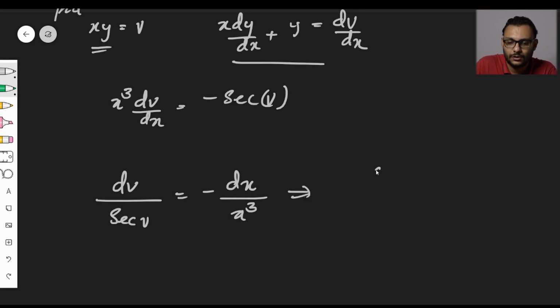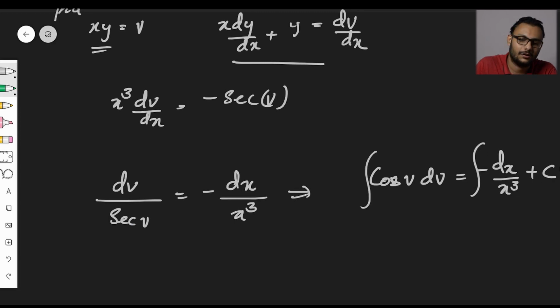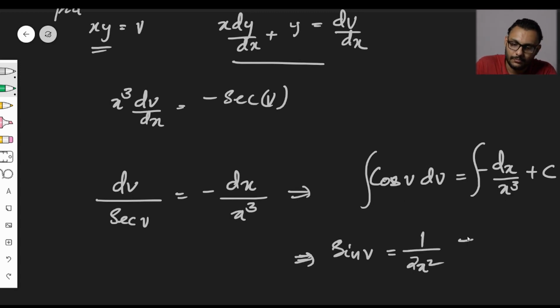So cos v dv equal to minus dx by x cube. We can integrate on both sides and give a constant of integration. The integral of cos v is sin v, equal to minus integral 1 by x cube dx, which is 1 by 2x square plus c.